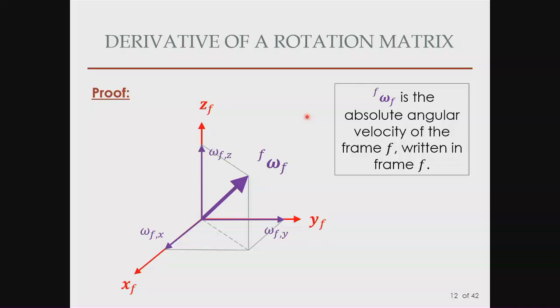Omega F in frame F, the vector, is omega Fx, omega Fy, omega Fz, right? In another frame, it would be something else. All right? Got it? So these are the components.